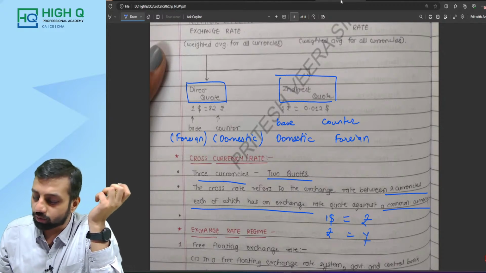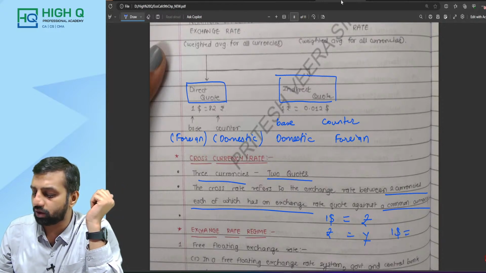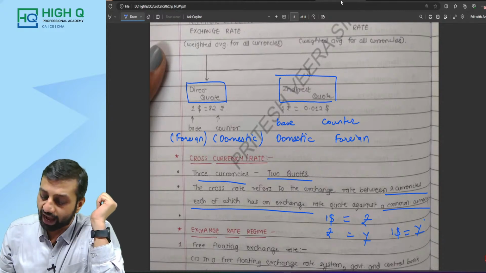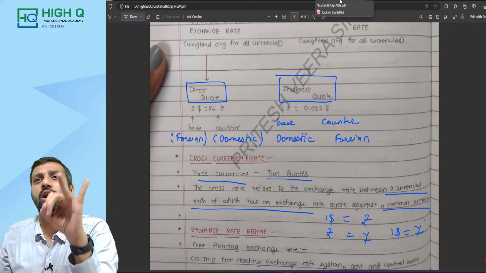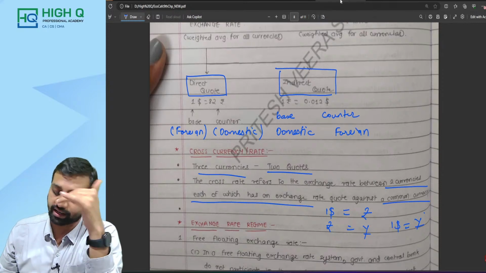So if $1 equal to rupees and rupee equal to yen, then we can find out $1 is equal to how many yen. So there are 3 currencies, rupees, dollars and yen, but 2 quotes. Such a quote is called a cross quote.